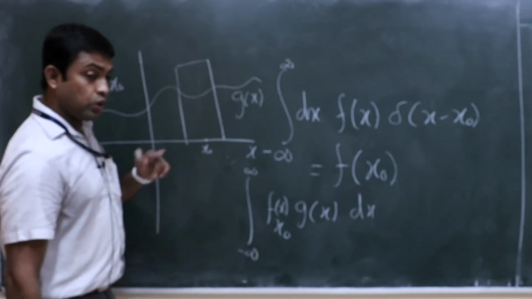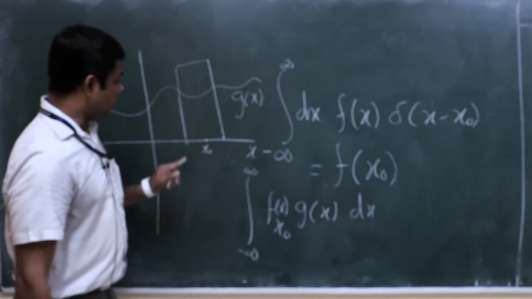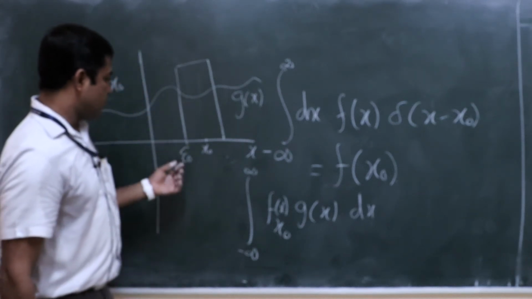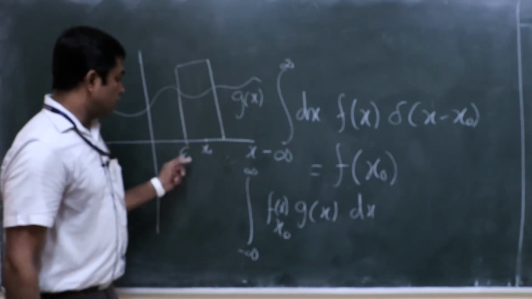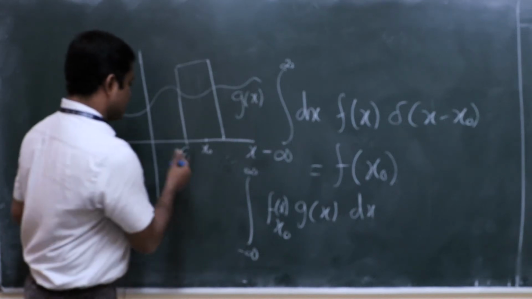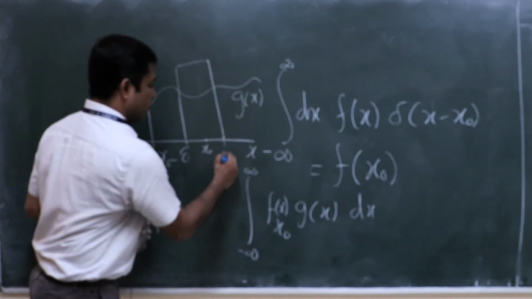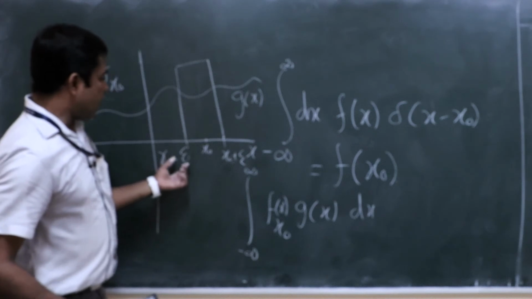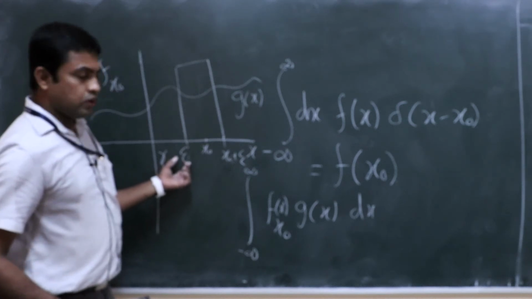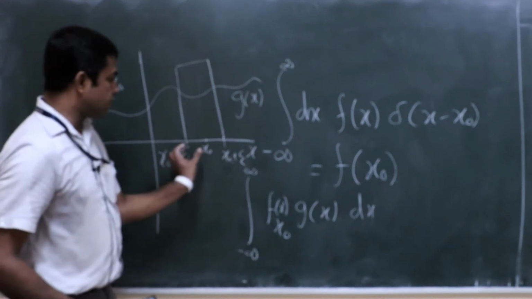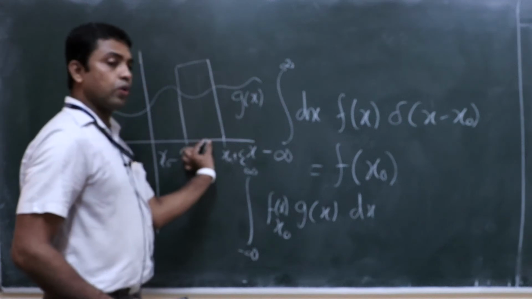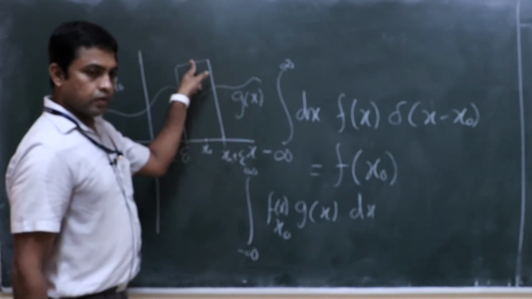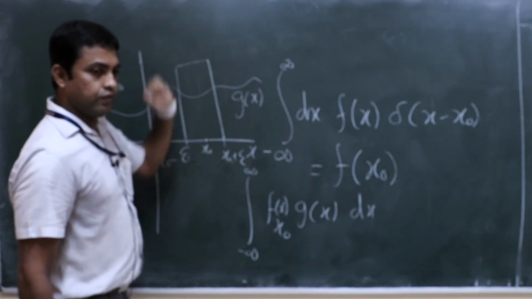Now look at a situation with epsilon, because then it will be easy for you to answer. The box runs from x0 minus epsilon to x0 plus epsilon. Now epsilon goes to 0, so the width will come close to x0 and the height will go to infinity.